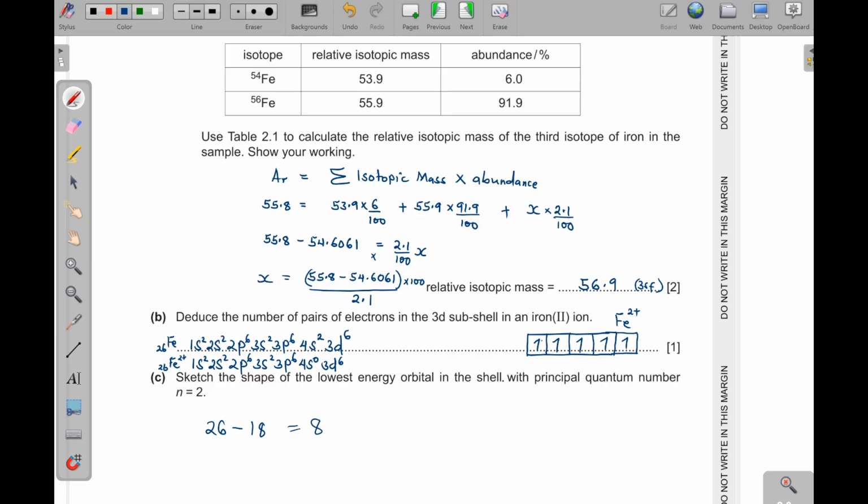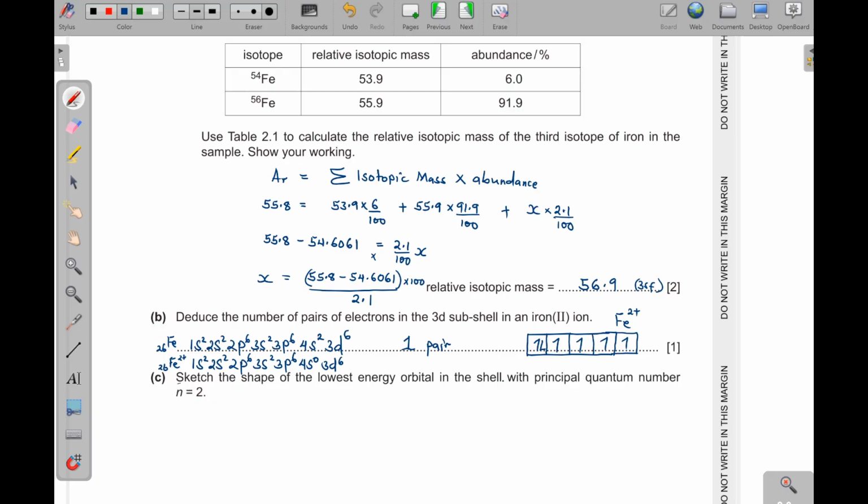Don't put them all spinning in the same direction, because these have the same charge, so they repel each other. So the next one we put facing down. But those are 5. Here we need 6, so the sixth comes to this one, and this is 1 pair. The number of pairs of electrons in the 3D is only 1. So we write this as 1 pair, as simple as that.